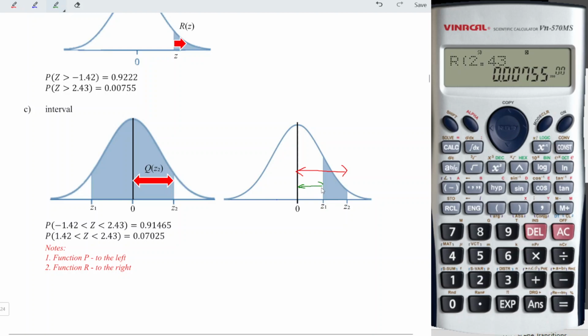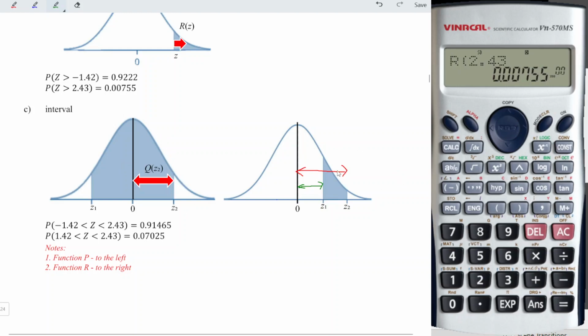So QZ1 is the region that we don't want. If we don't want it, of course, we need to remove it. To remove means what? Minus. So for this case, we are going to use QZ2 minus QZ1. So as we can see, sometimes we take plus, sometimes we take minus.